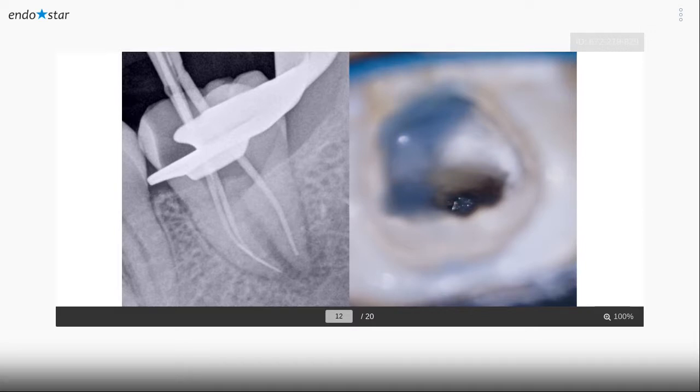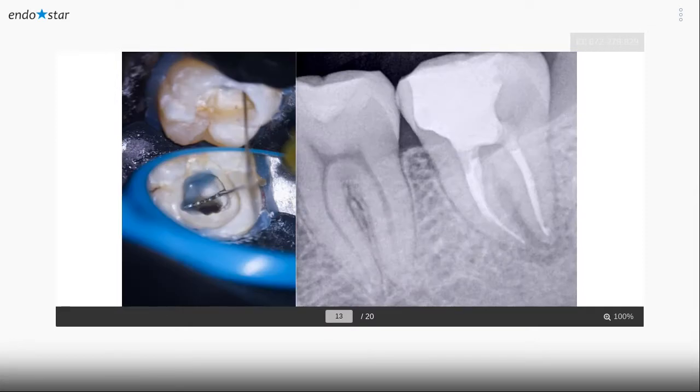I did not remove dentinal tissue trying to expose the file. I just bypassed it and cleaned it, but the file got a little bit stuck in an isthmus in the area. And this is the final result. I managed to grab the file and to remove it.